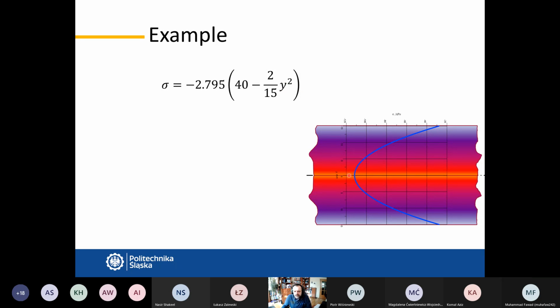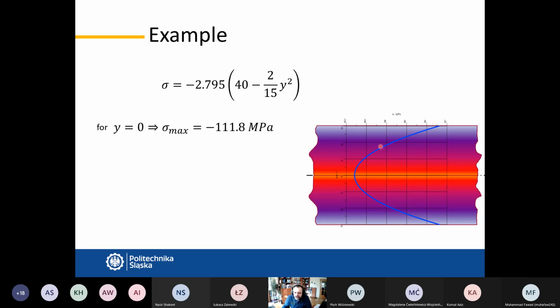If you put the data here, you will observe that for y equal to 0, this is 0, so you have minus 2.7795 times 14. So this is 111.8 megapascal in the center. So for y equal to 0, it's here.